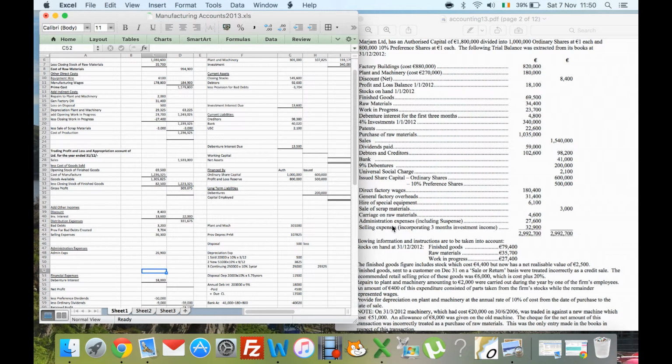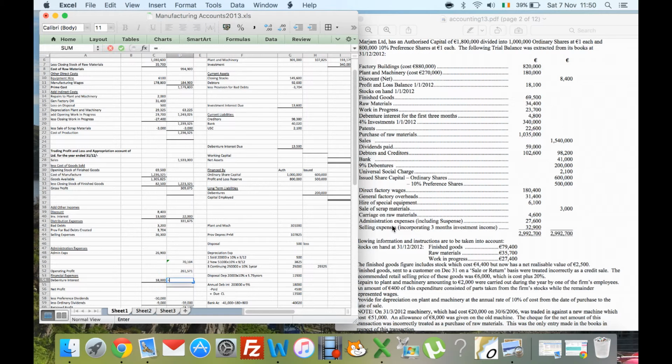So before I get to my financial expenses, I'd have to have my operating profit. So I'll add up all of my expenses so far. So that's the distribution and the administration expenses. I'll take those away from the figure above, and that gives me my operating profit.